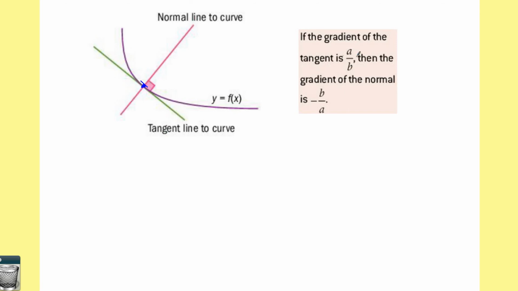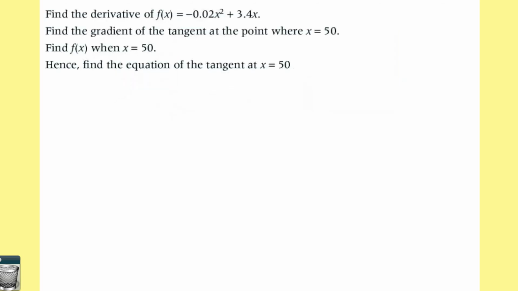So if we have A over B for that, then the normal is perpendicular, so it's negative B over A. It has opposite reciprocal slopes. So find the derivative of this equation. The derivative should just be, we're doing the power rule, negative 0.04 x to the first plus 3.4. Find the gradient of the tangent at the point where x is 50.